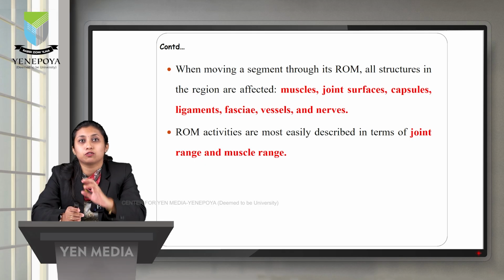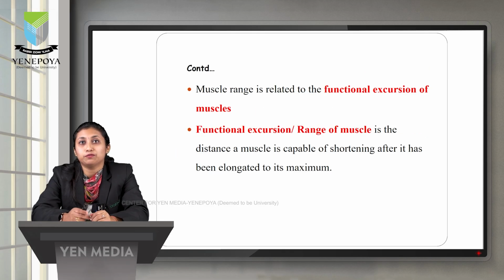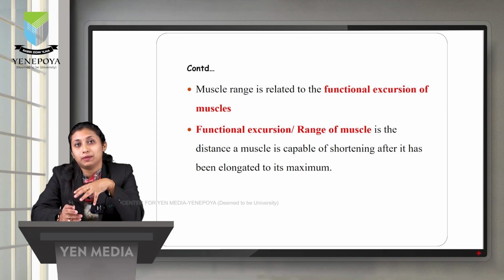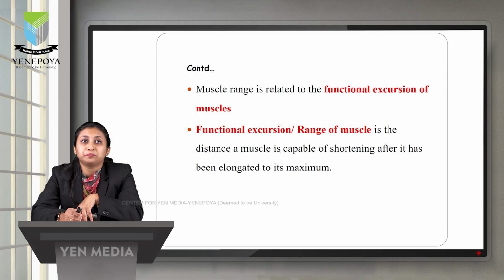That muscle range is also called the functional excursion of muscles, that is, range of muscle. It's the capacity of that particular muscle to shorten once elongated to its maximum. So if I am doing elbow extension and it's elongated to the maximum, the ability to shorten back and come back to the basic position is the functional excursion of that muscle.